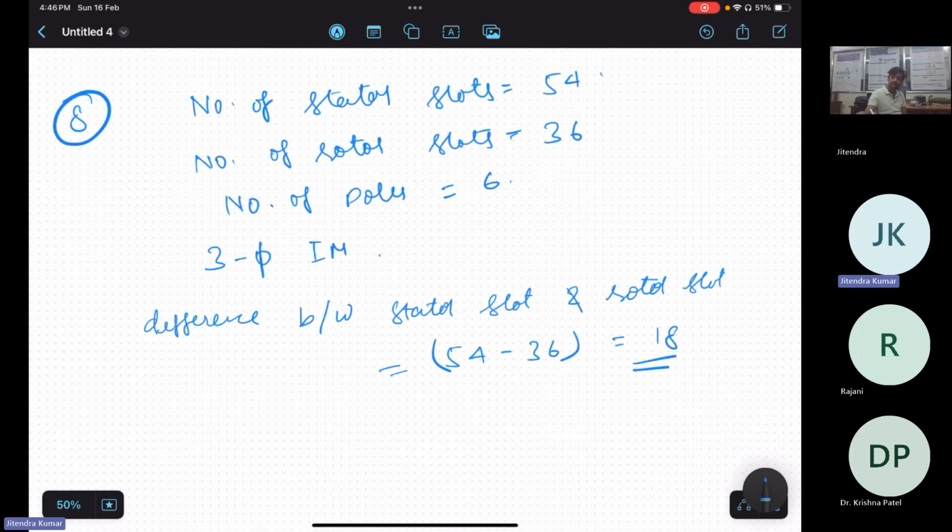And since we are given the number of poles, it should not be a multiple of the number of poles. It should not be a factor or product of the number of poles, right? 18 divided by 6, so you are getting 3 times.